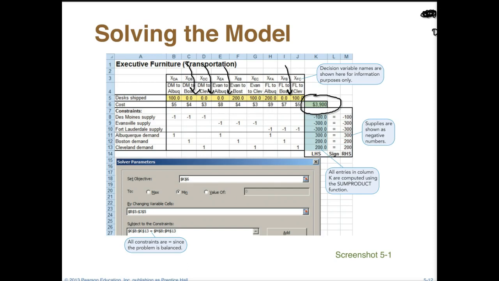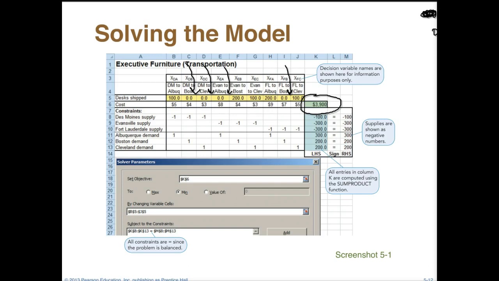We don't have any coming from Des Moines to Cleveland. So all the product that we have from Des Moines is going directly to Albuquerque. Okay? And of course that makes sense because geographically speaking, Des Moines and Albuquerque are closest together.